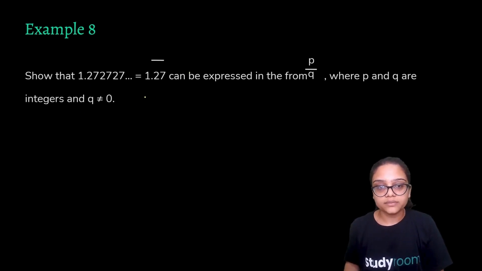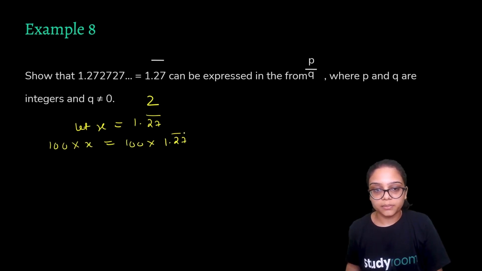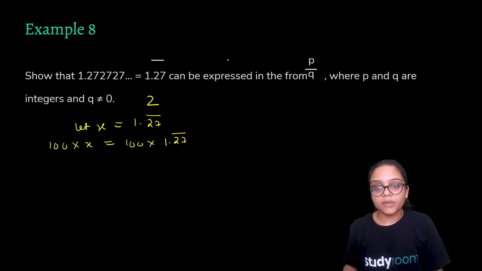It's 2, right? Now, let x be the number. Since the number of repeating digits is 2, we'll multiply by 100. So 100 into x is equal to 100 into 1.27 bar. The bar over 27 shows 27 is repeating. In the previous question, we had the bar over 3.